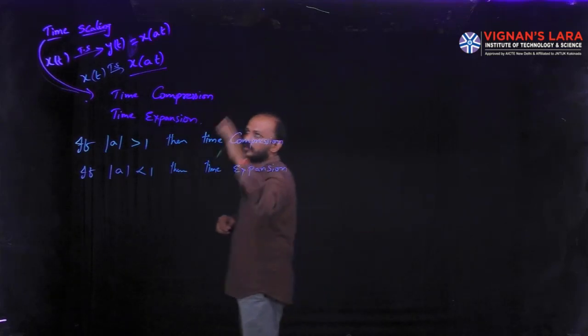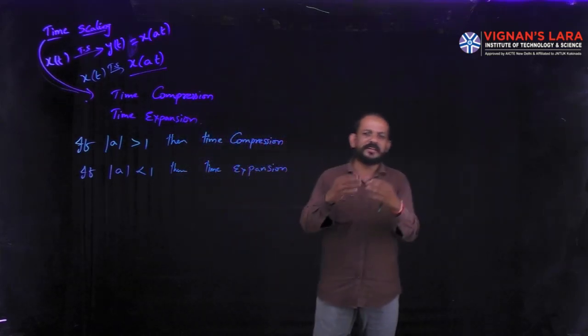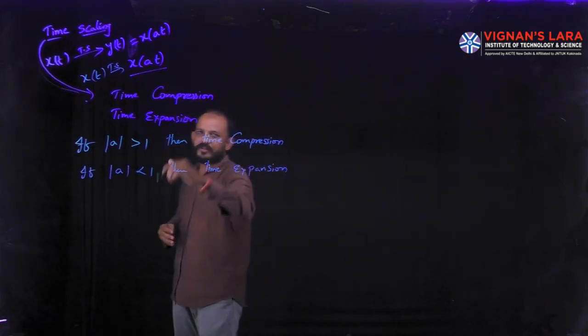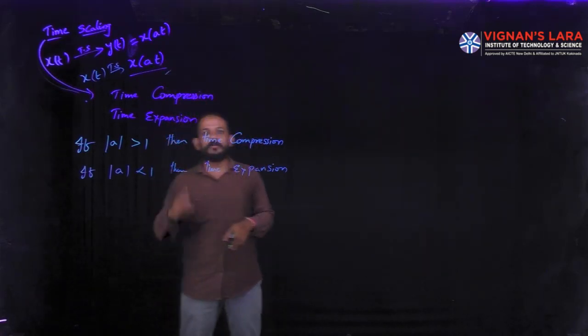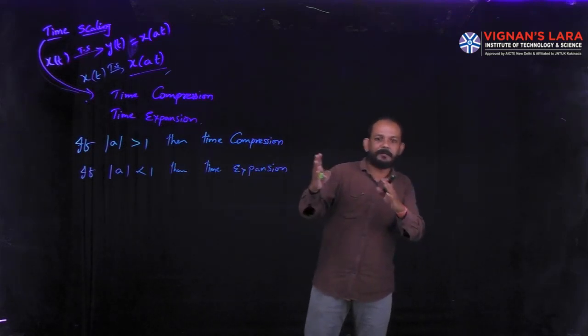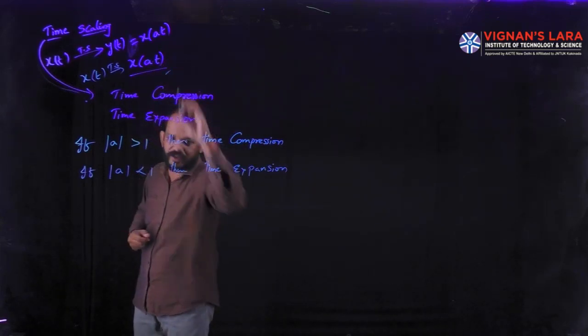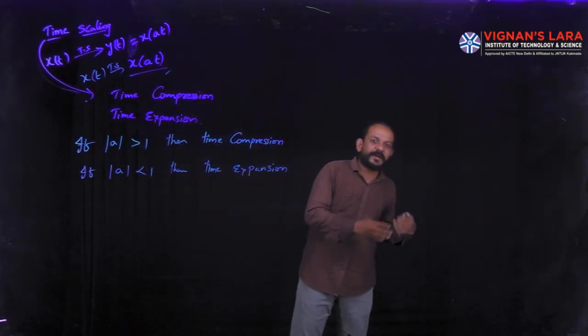So the time scaling is performed simply by replacing the time variable small t with a into t, and based on the value of a, we have two types: time compression and time expansion of the signal.